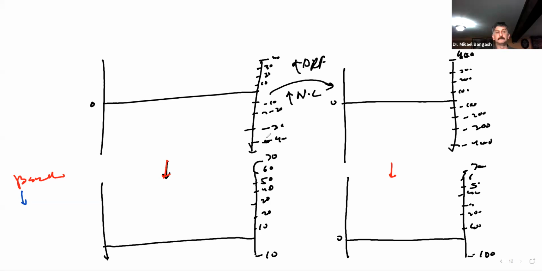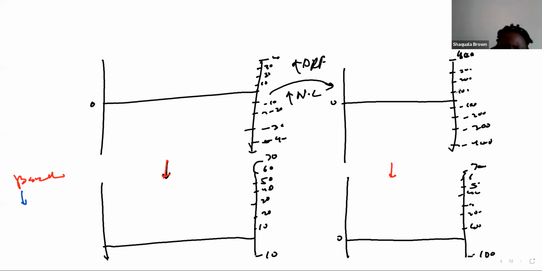Did that make sense? No, can you go over the last part, when you increase the scale? You said here was 10, 20, 30, 40, minus 10, minus 20, minus 30, minus 40. You increase the scale, right?